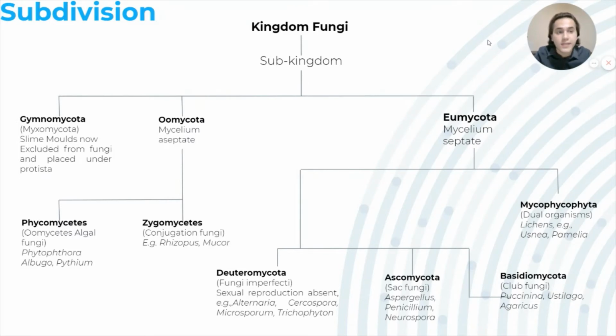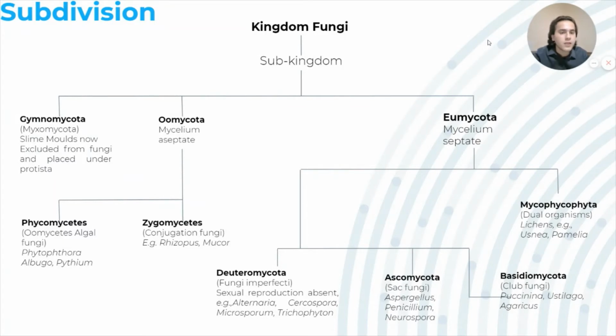Hi, I am Oscar González and I will talk about the different subkingdoms of the Fungi Kingdom. First of all, we have the Eumycota, which has septate mycelium, and the difference from it is the Umycota, which has aseptate mycelium. Then we have the Gymnomycota, the slime molds, now excluded from fungi and placed under the protista.